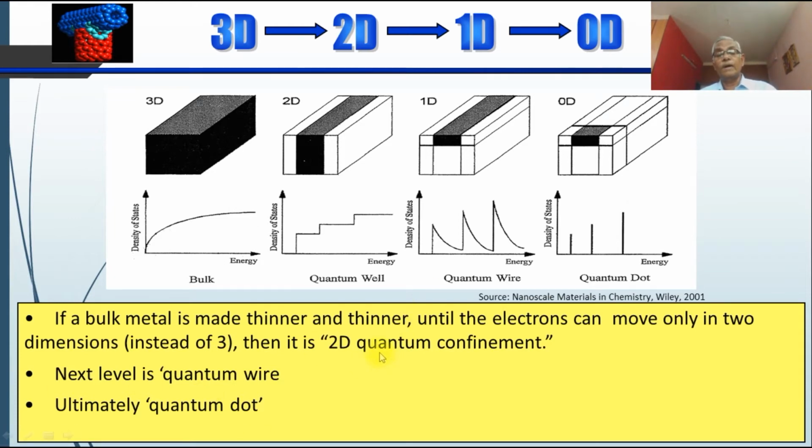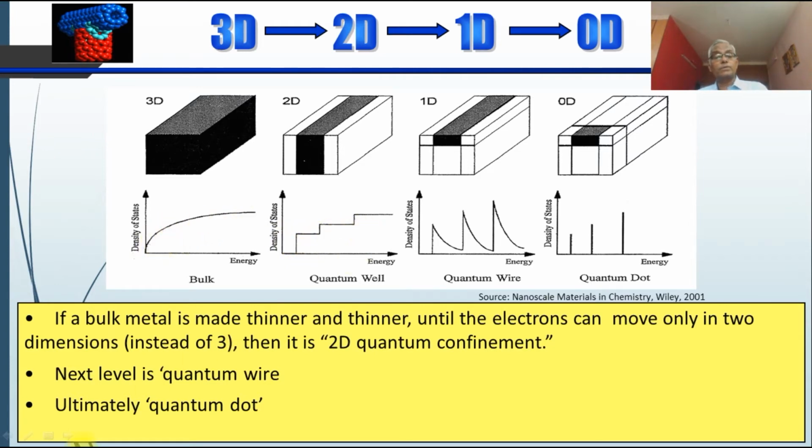Then the quantum confinement will be two-dimensional. Earlier the graph was going like this, but here, due to two dimensions, the density of states changes with the energy. So here it is a smooth curve, here it is stepwise.